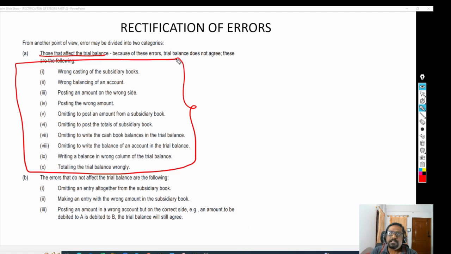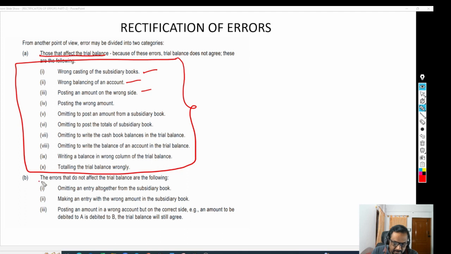But you need to understand how each error is going to impact, because this is how the problem is going to be tomorrow. If you do not know how this error is going to impact your trial balance, how do you resolve your problem? Am I right? So each and every case we will understand with an example of how this is going to impact our trial balance.